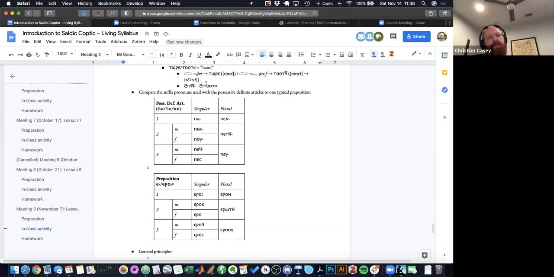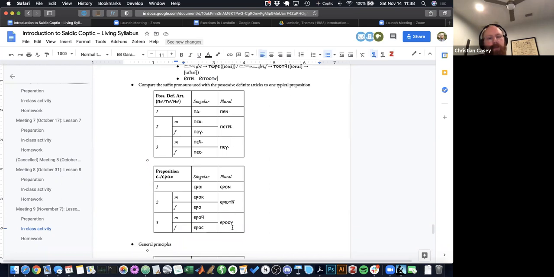So that suggests that if the word were originally hitoot, we should lose the T and get something like hitoo. Because we don't have hitoo, because we have hitoot, that means that the T was protected somehow, which means that it was followed by some sort of vowel. And the only option for what that vowel might be is the first person common singular ending, which means that this must be "through me," right?